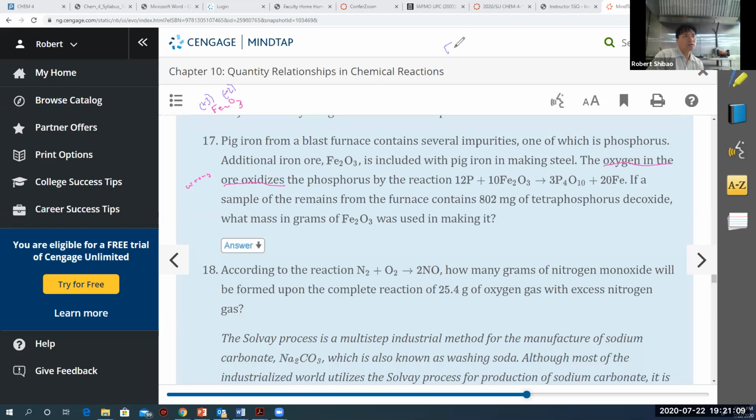If you look at your redox chart, iron 3+ is a moderate oxidizer. So why would oxygen take electrons? Oxygen doesn't want any more electrons. It's the iron that can take the electrons.